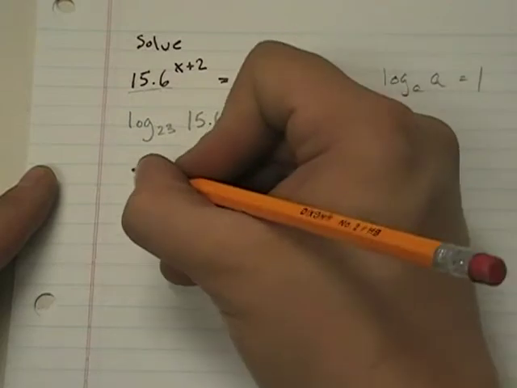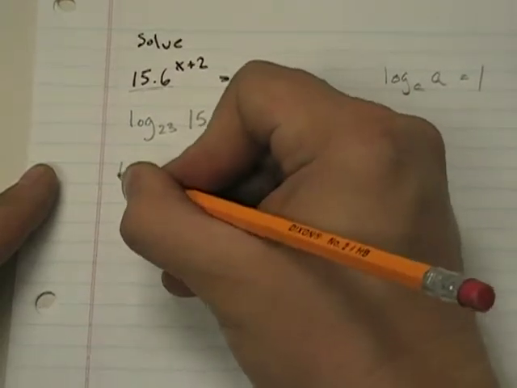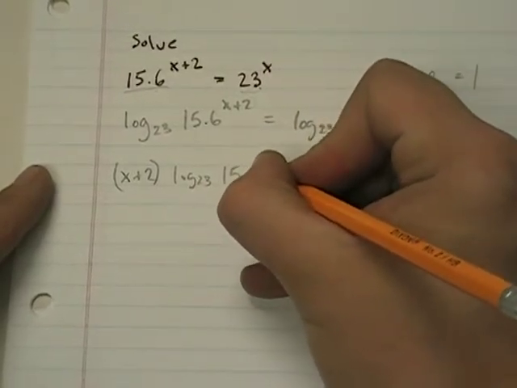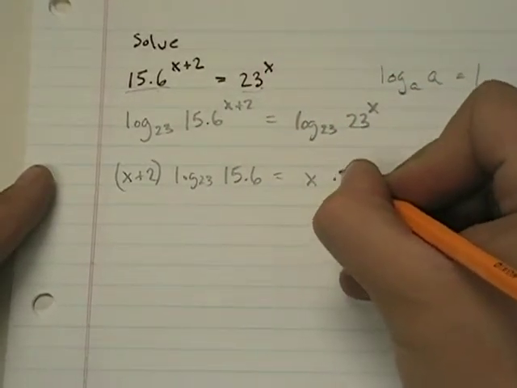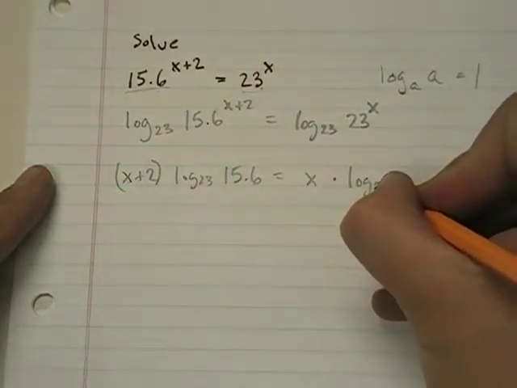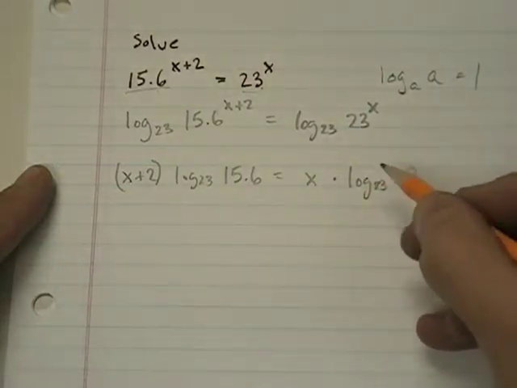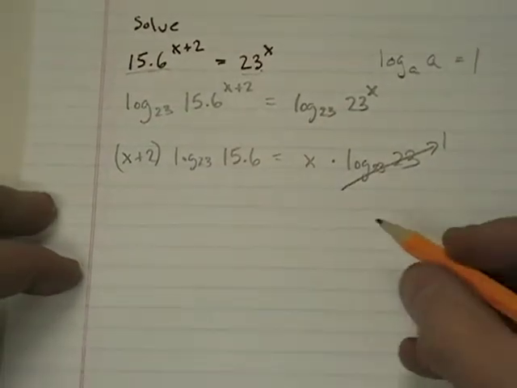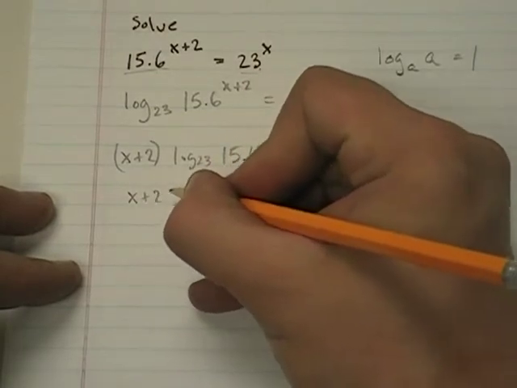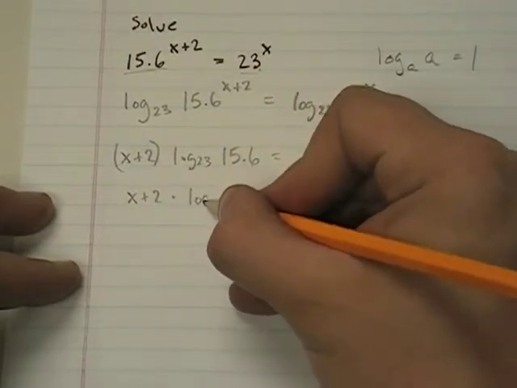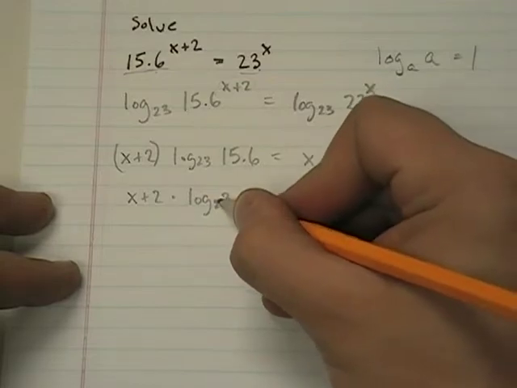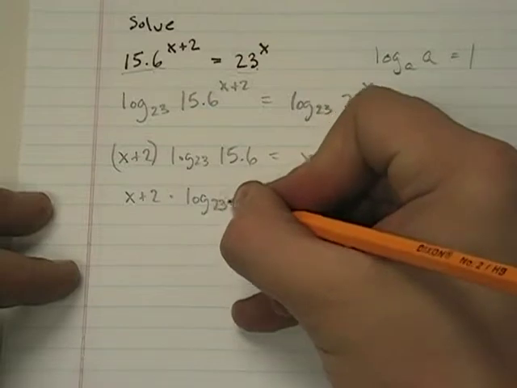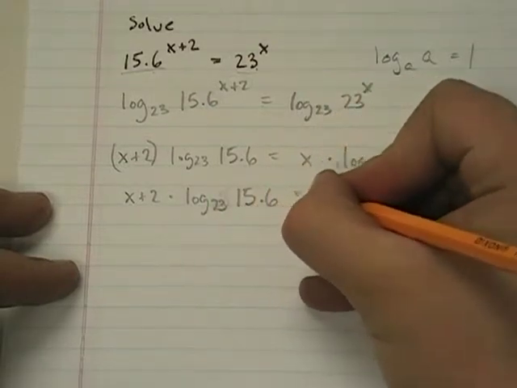So I can rewrite this as x plus 2 times log 23 of 15.6 equals x times log 23 of 23. And log 23 of 23 is just 1. So what I end up with is x plus 2 times the log 23 of 15.6 equals x.